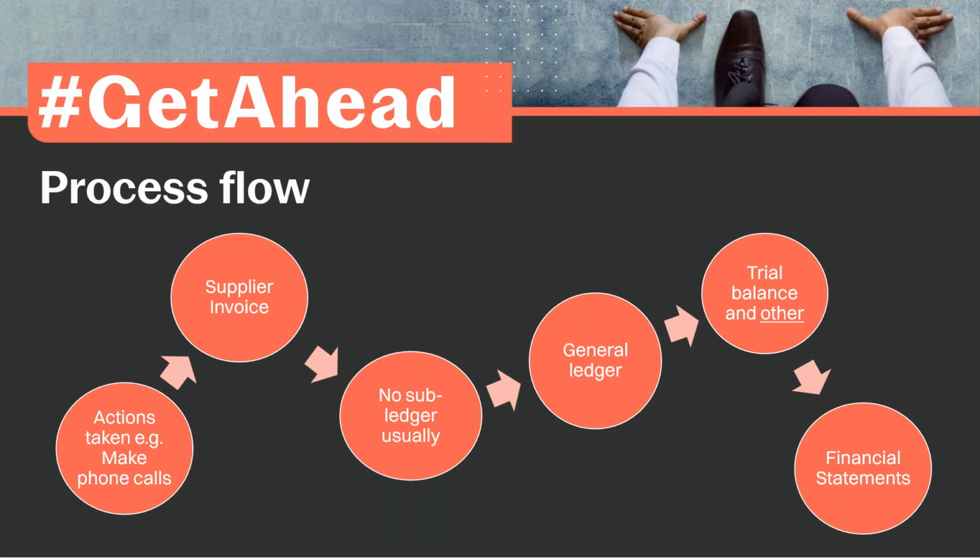Specifically regarding what we're doing today and expenses, we do not have a subledger, and usually there's no subledger between the processing of a supply invoice into the general ledger, but it is possible that you deal with a client or a system that has a subledger there, so you would just insert it in there.